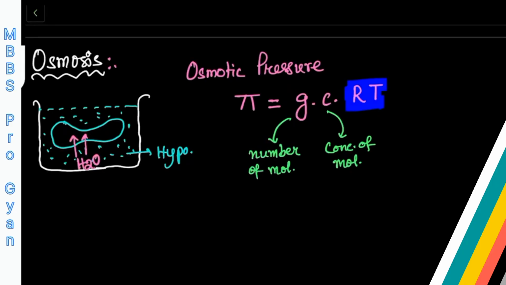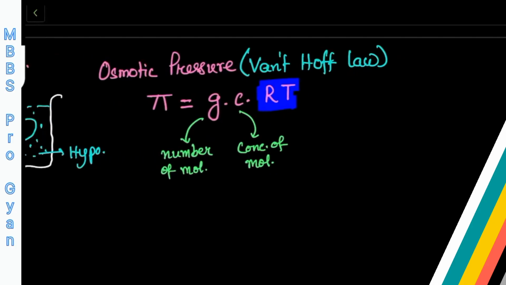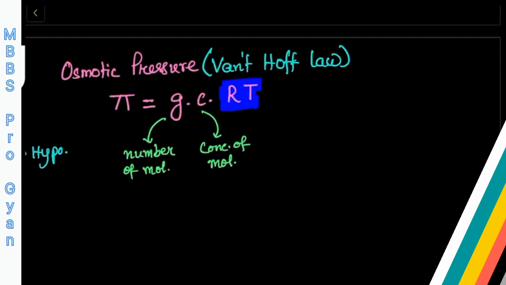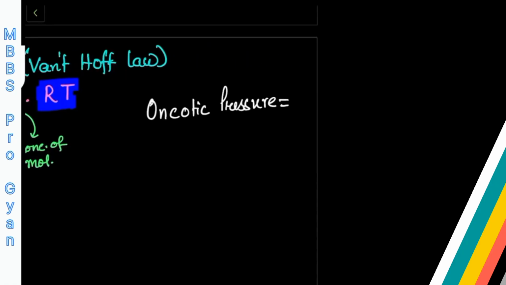This was first proposed by Van 't Hoff, that's why it is known as Van 't Hoff law: pi is equal to GC multiplied by RT. Now, you know that one special type of osmotic pressure is known as oncotic pressure, or colloidal osmotic pressure.